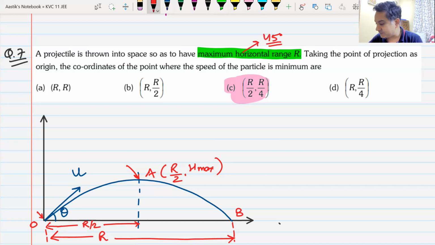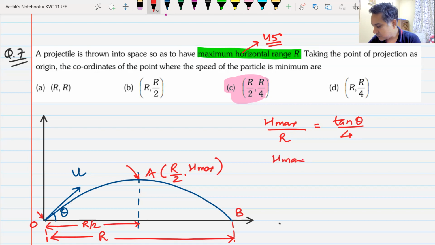Which formula? H max divided by the range r is tan theta divided by 4. Do you remember this formula that we had used? Every question has been done for a specific purpose, to use all the formulas that we have done. So I can write H max as r by 4 multiplied by tan of theta.